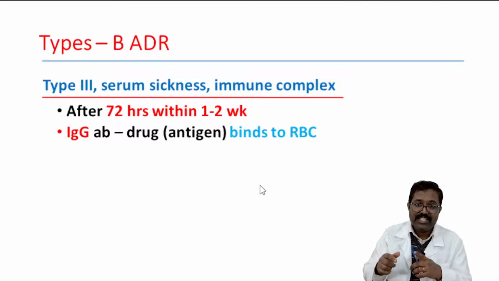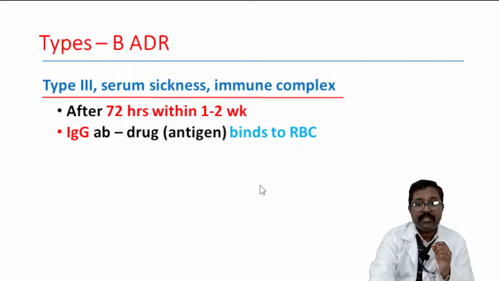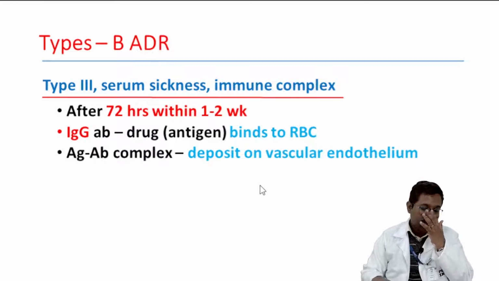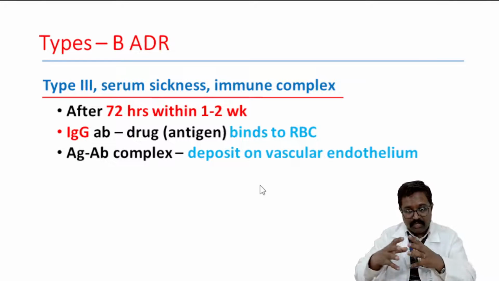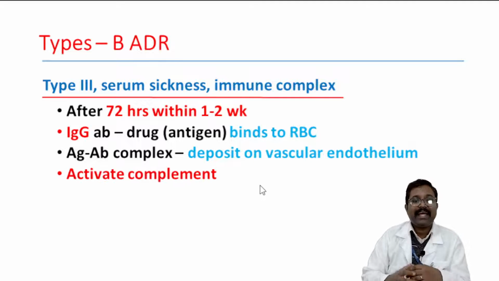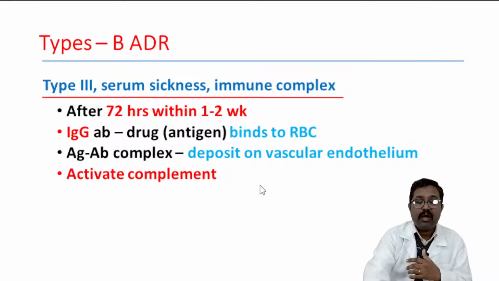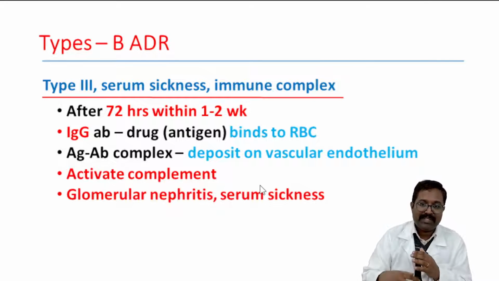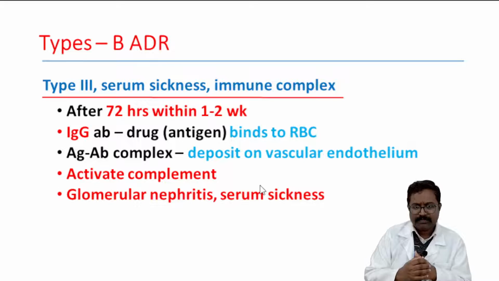Again, the IgG antibody combines with the antigen. Here, instead of binding to the RBCs, the complexes bind to the vascular endothelium. These complexes get deposited on the vascular endothelium and lead to activation of the complement system, leading to conditions like serum sickness and glomerulonephritis.